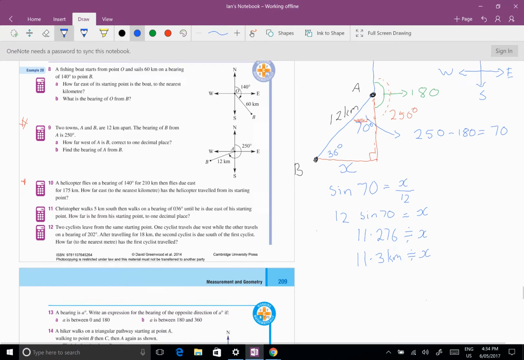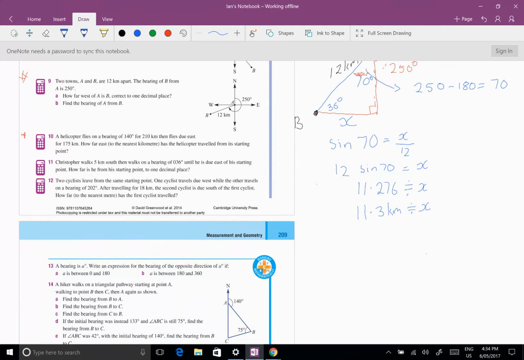Now, the second part of the question, find the bearing of A from B. I'm just going to draw this again. So now remember, it looks like that.